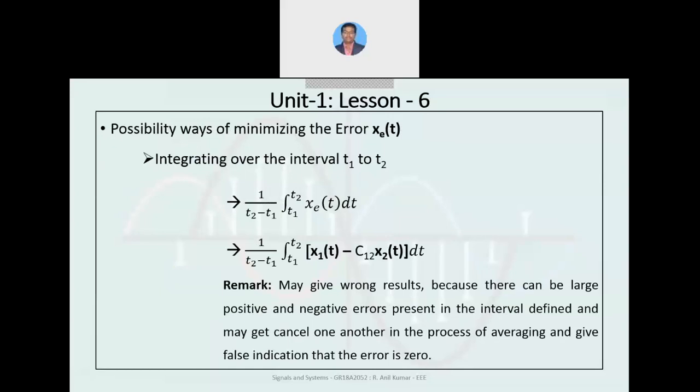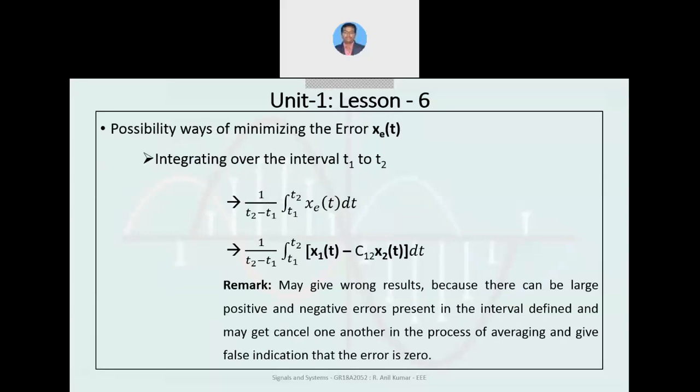As the main aim is to minimize the constant c12, here also we need to minimize c12 and also the error xe of t. In vectors we discussed that the error must be minimum, so here also xe of t must be minimized.